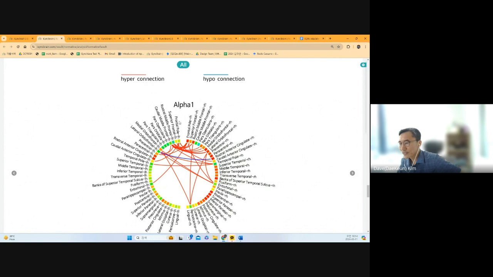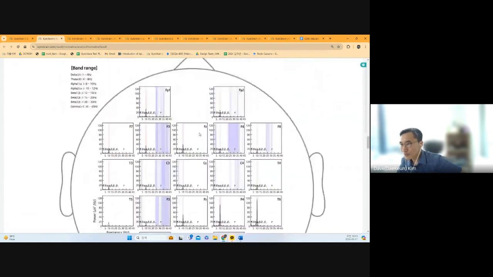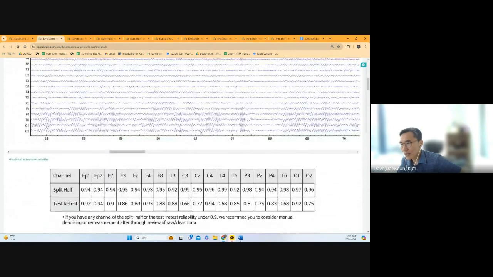That's the typical depression pattern of hypercoherence, alpha hypercoherence. And we can also match this alpha hypercoherence with this kind of phase synchrony in the alpha, in the frontal area.